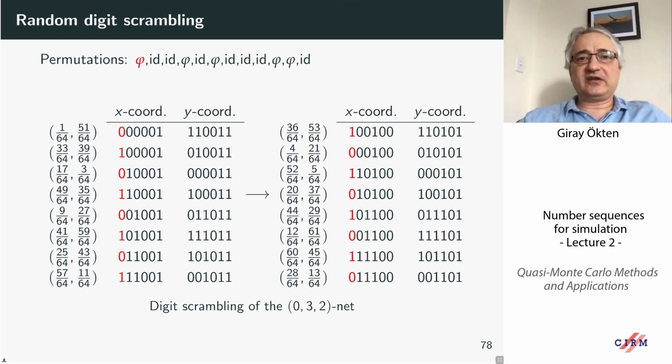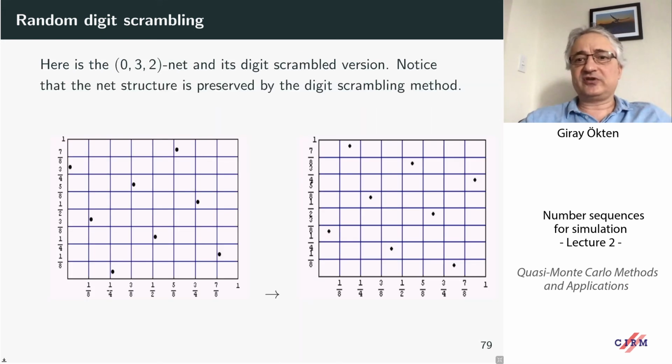And you see that done right here on this page. Phi is now being applied to the first digits of the x coordinates, and then you get this new sequence. And you continue doing it for all the other digits. And this is the picture that you obtain when you digit scramble the net that we talked about before.